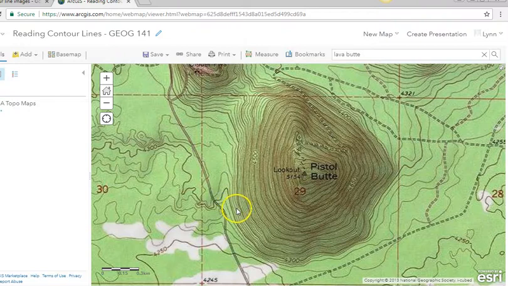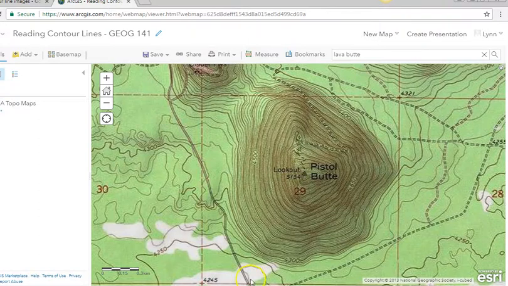So each of these contour lines has to be a 50-foot contour interval. So I have 4 index spaces between these. So 200 divided by 4 means that each of these is 50 feet. And there are 5 of those, so each of those index lines is 10 feet.